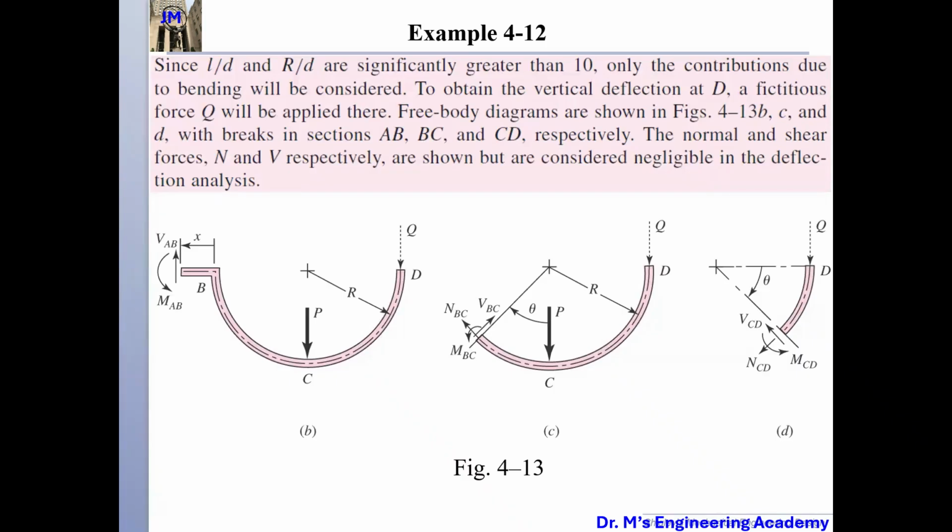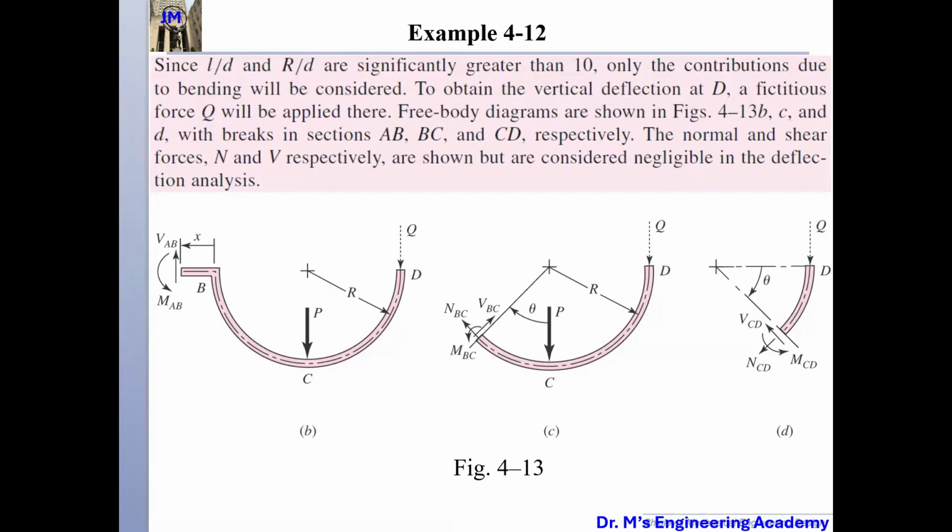So here is a generic theta. This is the point of interest. I know this point is in the state of equilibrium, right? So I know that M_BC is balanced by the P and by Q, right? And you can see the P is going vertically down.